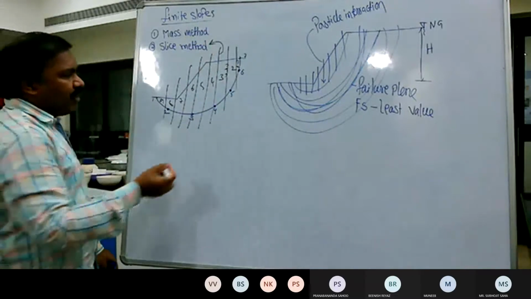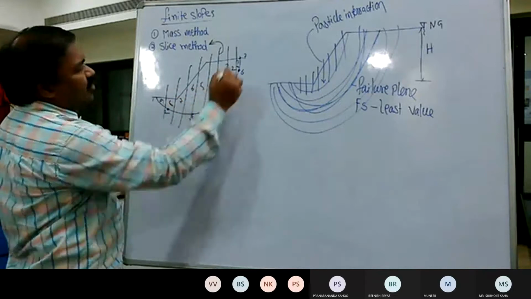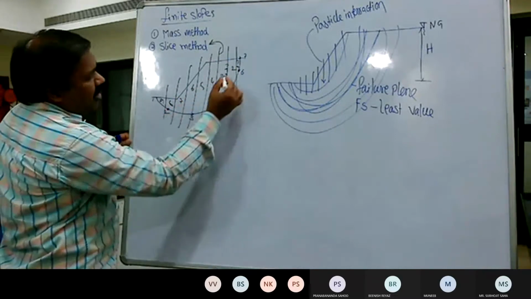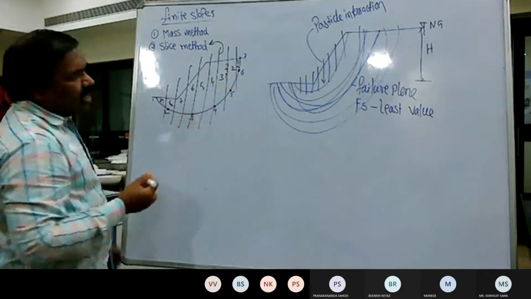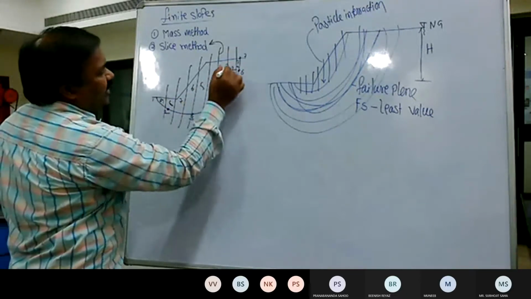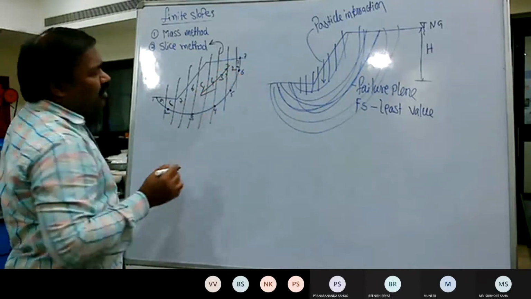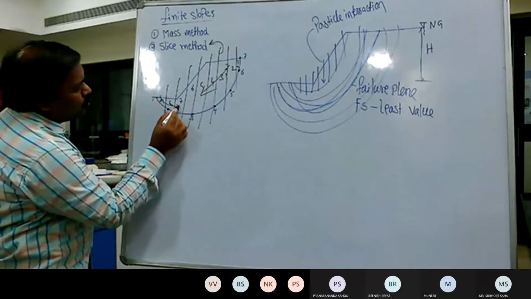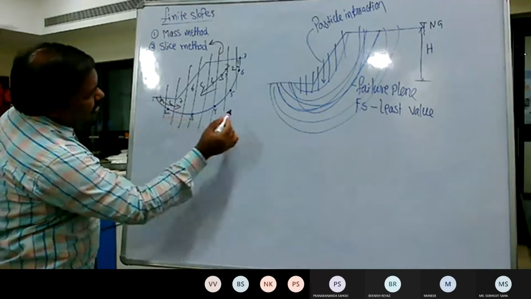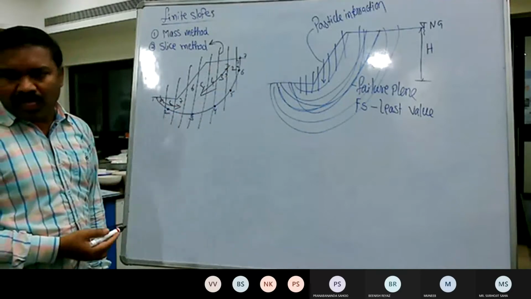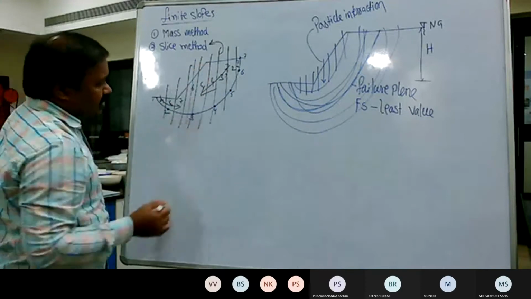Another thing: if this is the entire soil mass, then in the mass balance, the soil on the right side tries to move in the downward direction. But at the toe of the slope, the soil tries to move in the other direction, against the movement of the bigger soil mass.